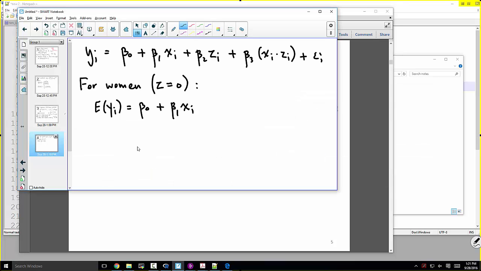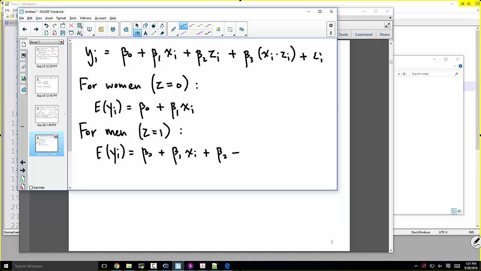Whereas for men, with z equal 1, we have mean equal to beta 0 plus beta 1 xi plus beta 2, and then plus beta 3 xi again. All we did was plug in 1 for z.